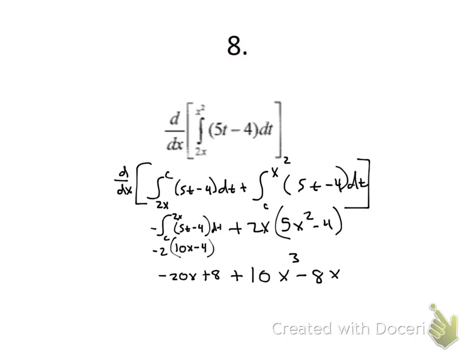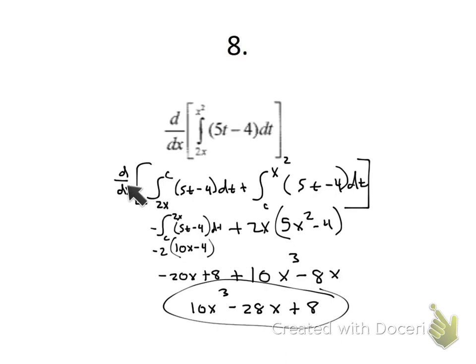And I'm okay if you'd left it there. I would probably rewrite it as what? 10x cubed minus 28x plus 8. That is the derivative of the antiderivative of this.